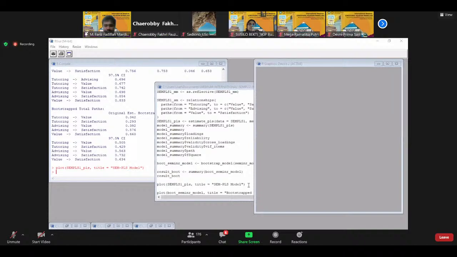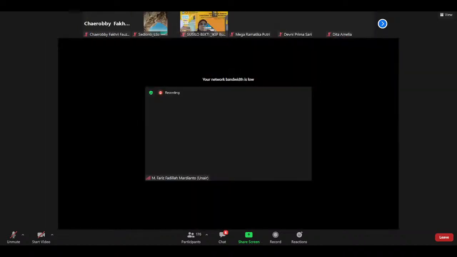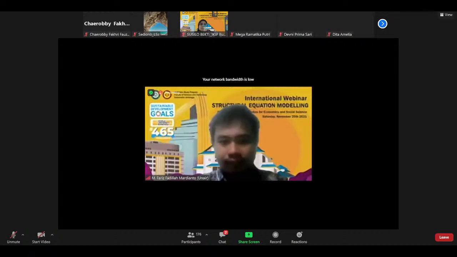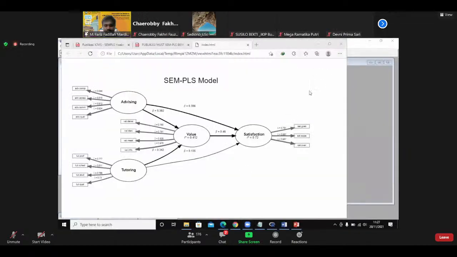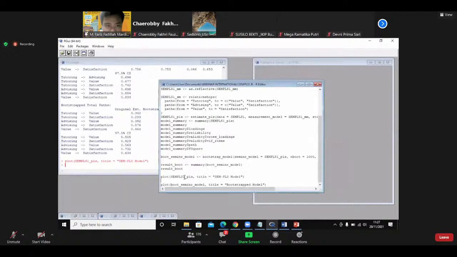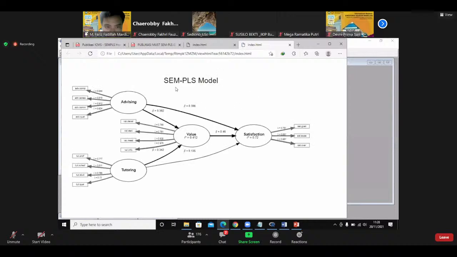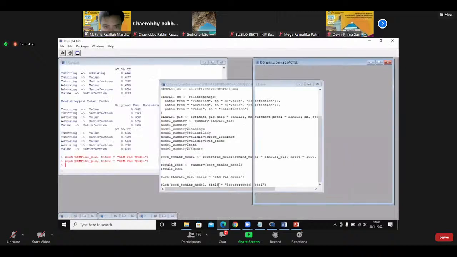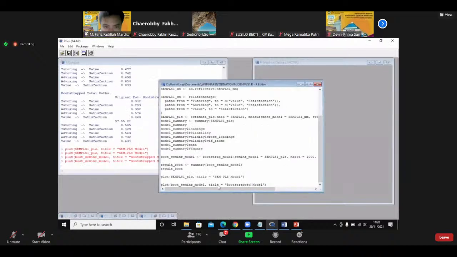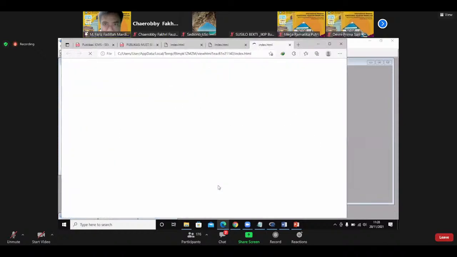Okay, there is the plot. This is for the SEM-PLS model, and the last we can see the plot of the bootstrap model. Yes, there is the bootstrap model.